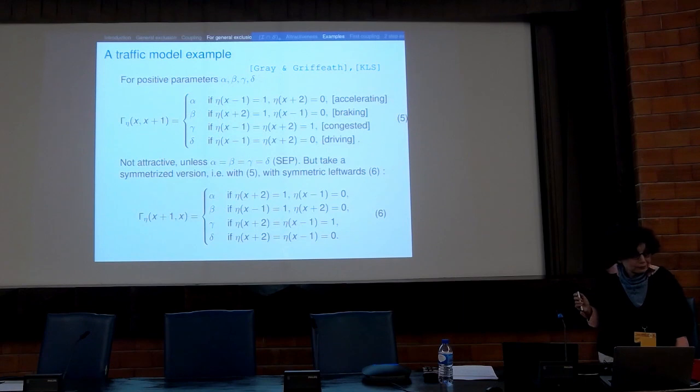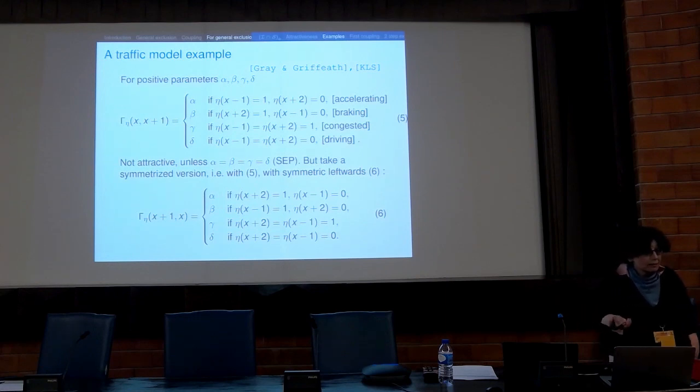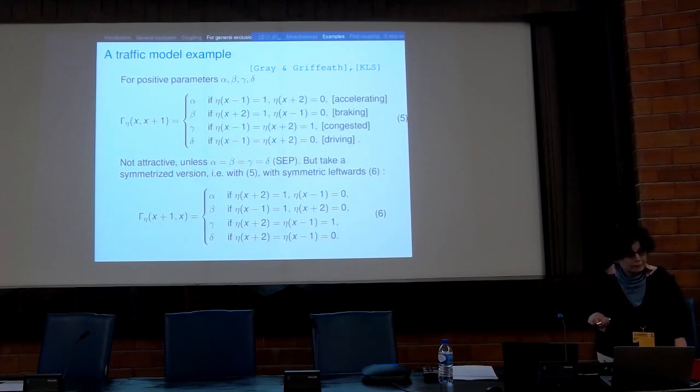This is a different case where if we have attractiveness, we can still prove that there is a one-parameter family of extremal invariant translation. But it's a different family. We don't know what it is. It's not product. It exists. So it's not like any attractive system will admit uniform Bernoulli. No. Okay. Great.